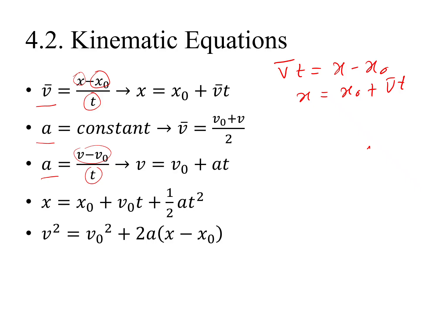Now, if we use this definition and multiply both sides by t, we get at equals v minus v naught. So from here we get v naught plus at equals v.